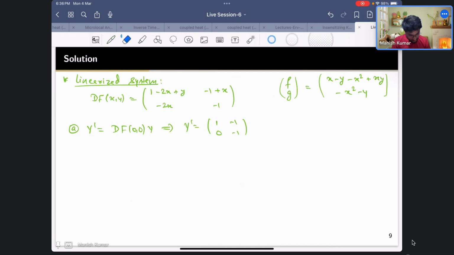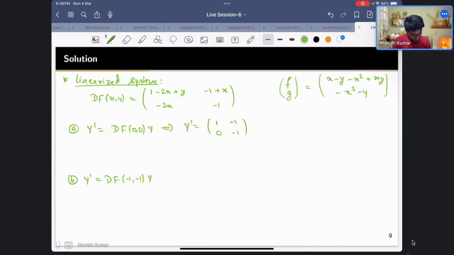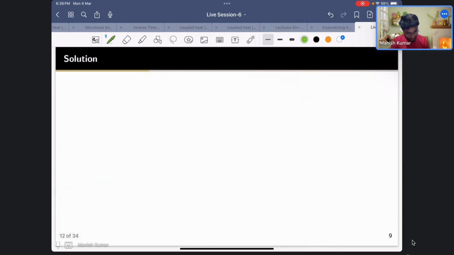In the B part we have y prime equal to Df(minus 1, minus 1) y. You substitute minus 1, so here you get 2, here you get minus 2, here you get 0, and minus 1. The third case would be y prime equal to Df(1, minus 1) y.